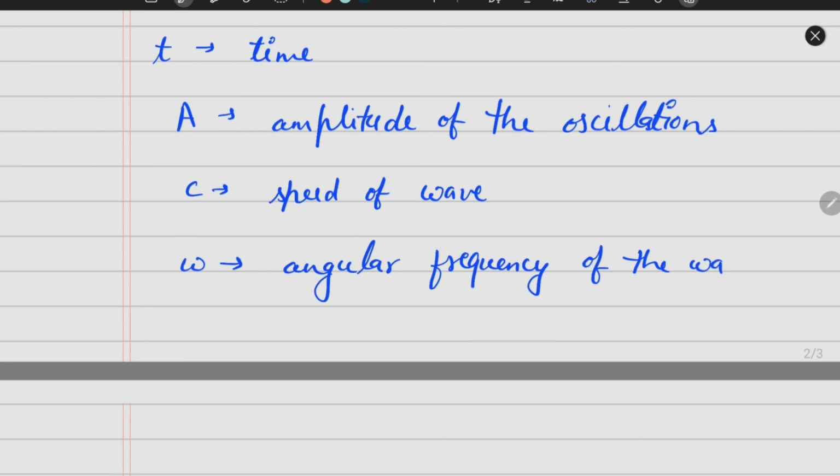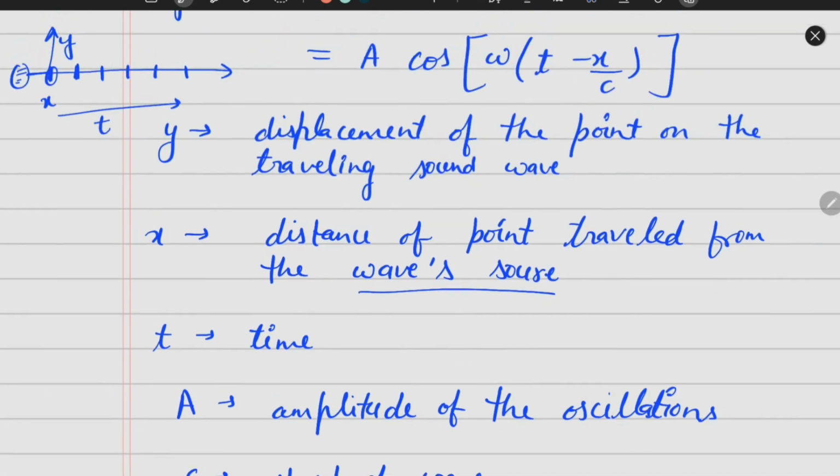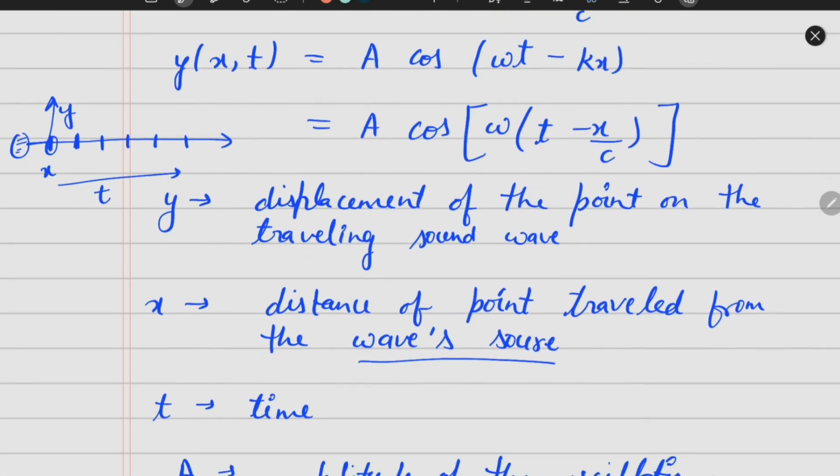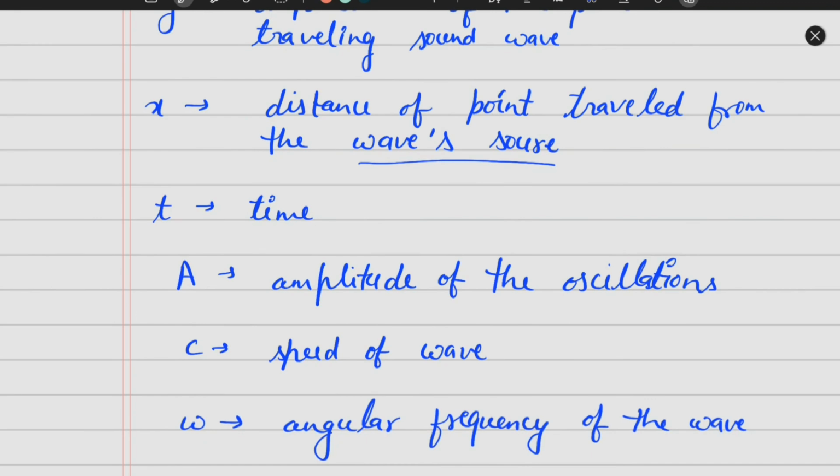I hope it is clear which term is denoting the amplitude, which term denotes the angular frequency of the wave, which term denotes the speed of the wave.